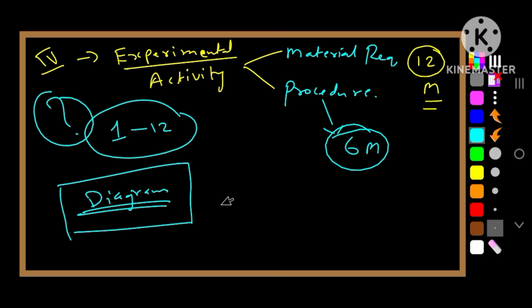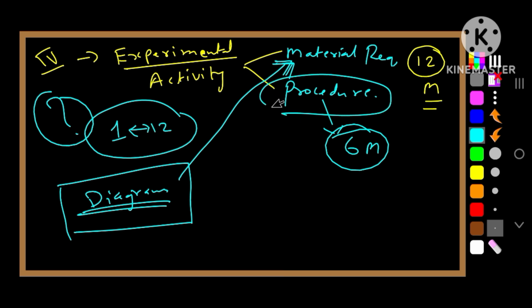When you go through the diagrams, just by looking at that diagram, you can write the material required. And if you are thorough enough with the activity, then you can write the procedure also.